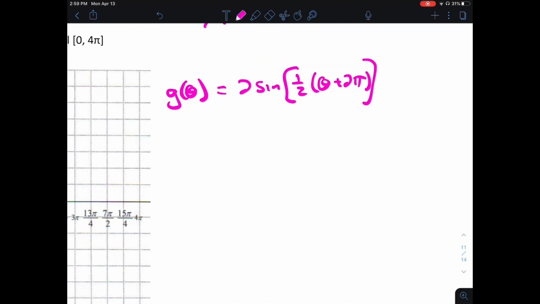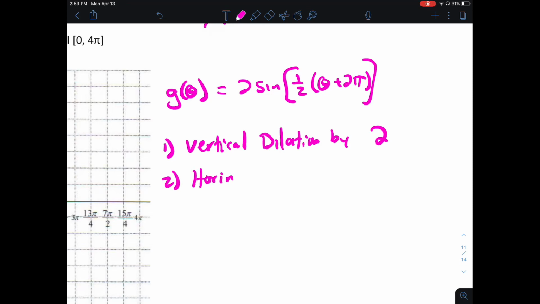So let's write down some of these transformations. So we are going to have this 2 is a vertical dilation by 2. And then this half here is a horizontal, got to be careful about things that happen horizontally, dilation by 2.